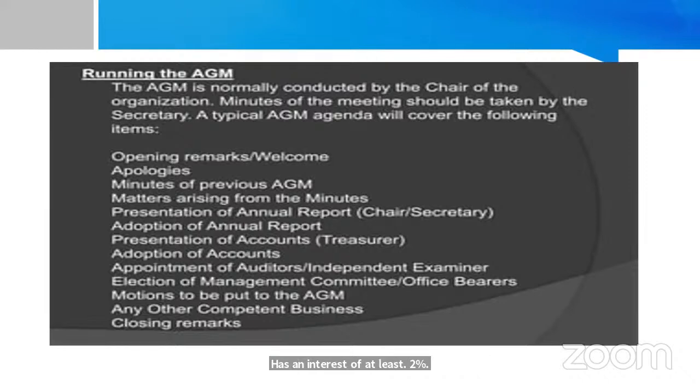In that other company, he is having a share capital of 2% or more, paid up share capital. Then you have to disclose that company and your interest in that company in front of the annual general meeting, so that whatever decisions are going to be taken, all the shareholders will understand the reality behind the company, the relationship with the company, and accordingly a free and fair decision can be taken.